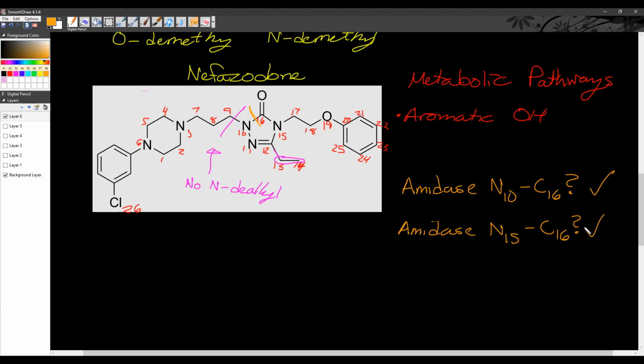Answer is yes. So this is a special kind of amide called a carbamate. It's basically a double amide, and it can undergo amidase both on the left and on the right. So if you see that carbonyl, that carbon double bonded to an O with a nitrogen on it, amidase is always a valid target for all intents and purposes.